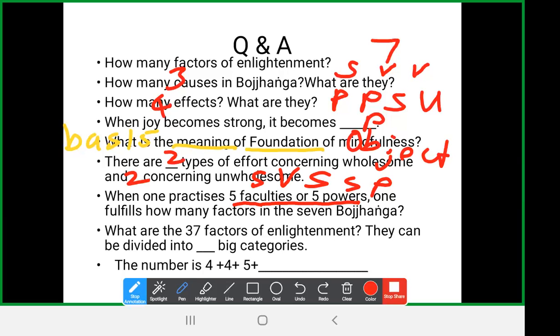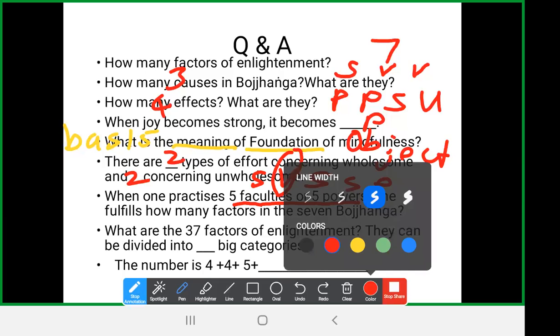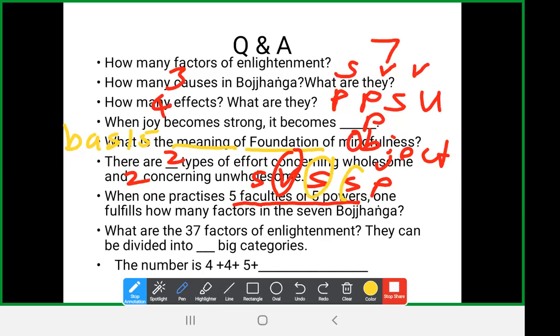How many of them are inside the seven Bojjhanga? Effort, is it in the Bojjhanga? Yes. Sati, yes. Concentration, yes. Panya, yes. Faith is not in.